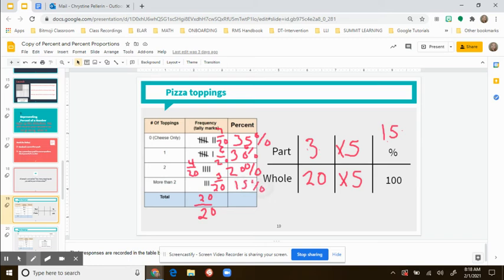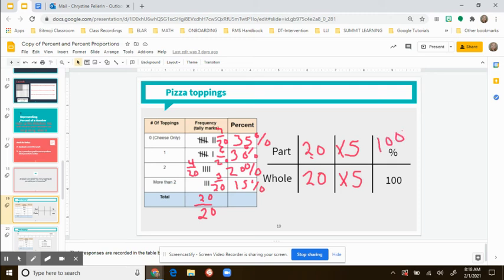Now, I want to show you at the bottom why we put 20 over 20 as well, and what that would look like as a percent. Because if it's the whole thing, shouldn't it equal 100%, the whole thing? So it's still got a 20 at the bottom. But now, 20 over 20, you put that at the top, 20 times 5 is 100.